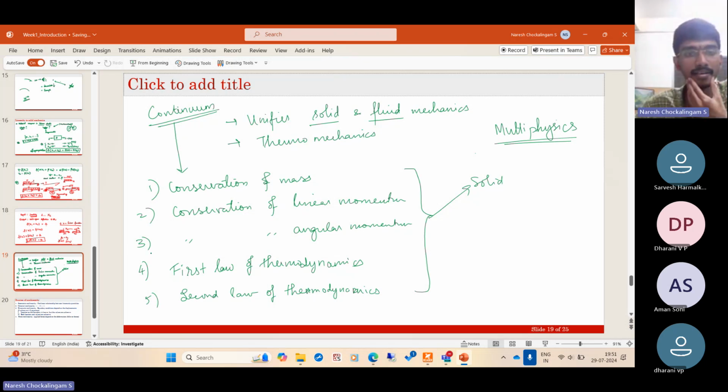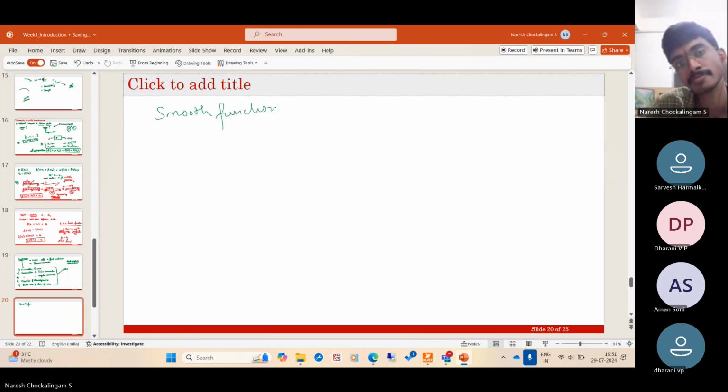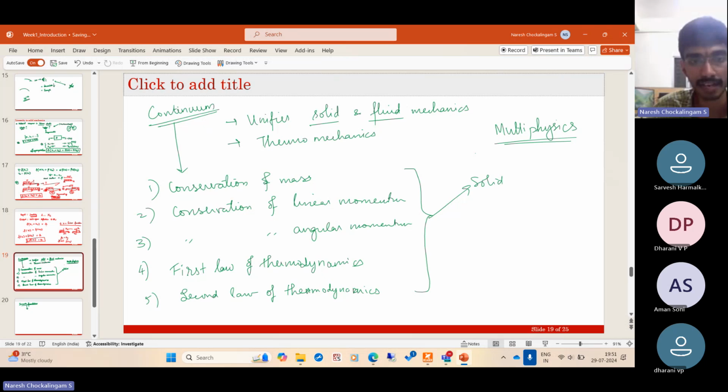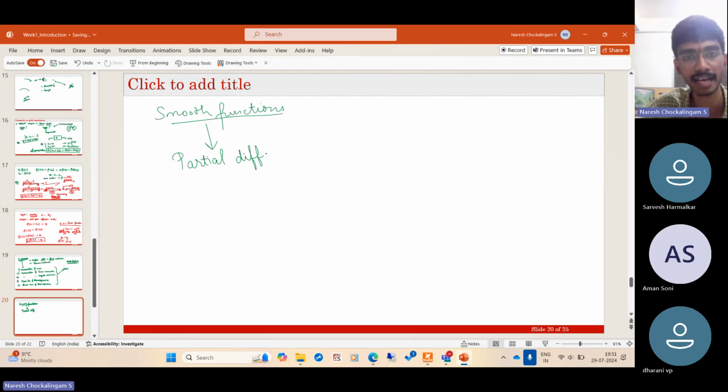Okay, so this is all fine. But when you deal with continuous functions, smooth functions, the basic conservation laws, if you recollect, are all differential equations. And when you apply them to a continuum, they all take the form of partial differential equations, partial because you have 4 independent variables, x, y, z, and t.